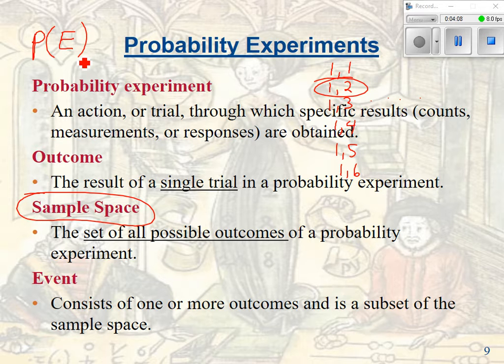So this is the probability of whatever you want to occur. Maybe if we were rolling the dice, you'd want the probability that you got a 1-2. Or if you were totaling them up for some reason, maybe you want the probability that you got a total of 3. 1 plus 2 is 3. So that's an event.